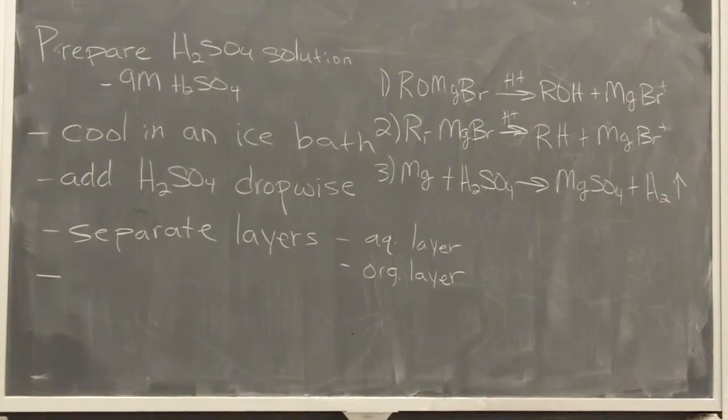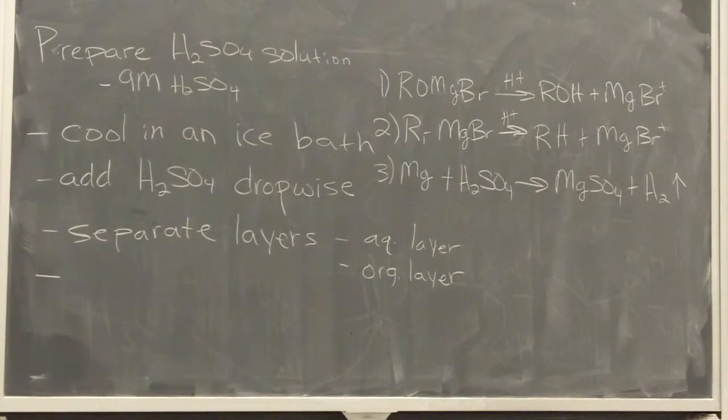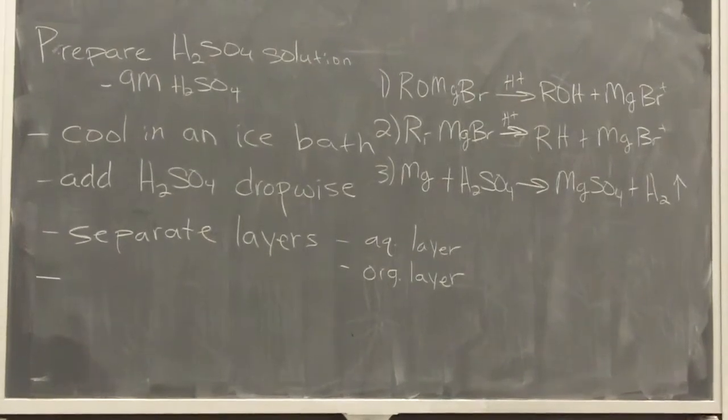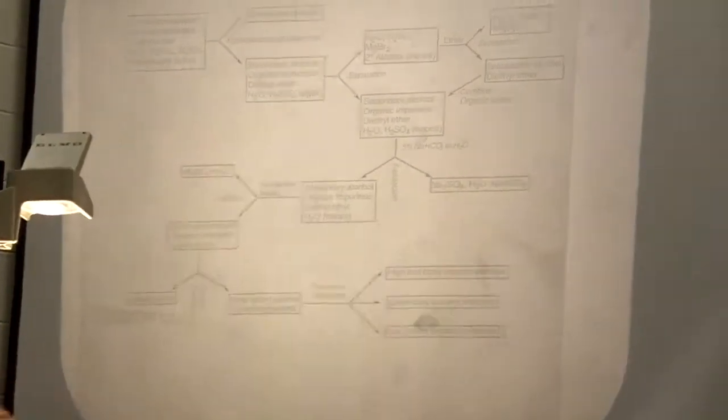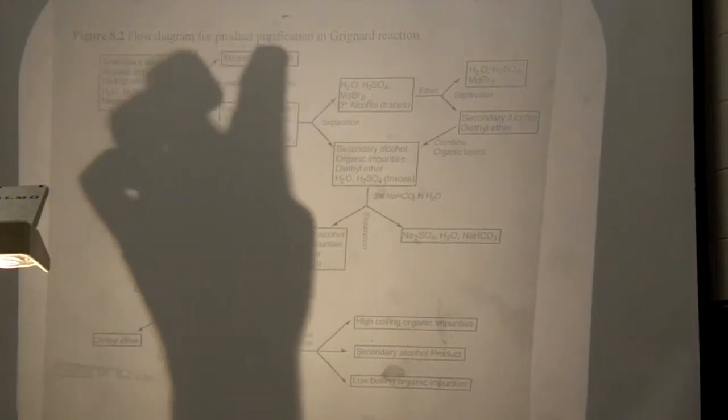So you can use that flow chart for this experiment, okay? So this is your flow chart. You can draw this from your lab manual. So we've gone through here. We filtered off any magnesium solid. We now have the separation of aqueous layer and organic layer, okay?